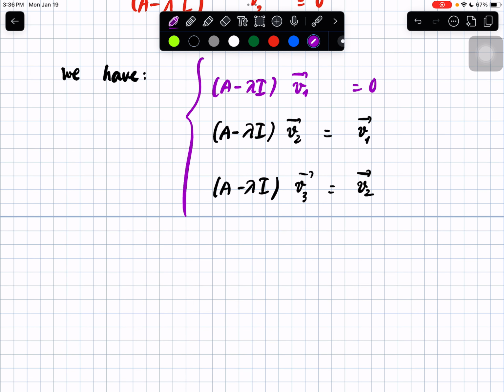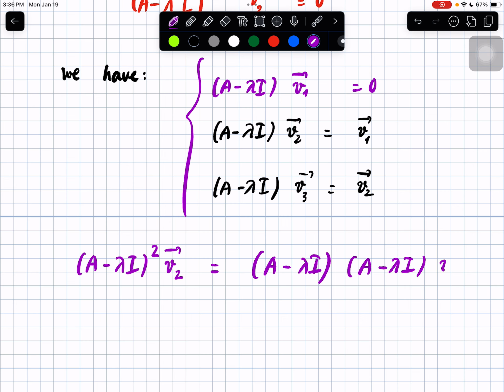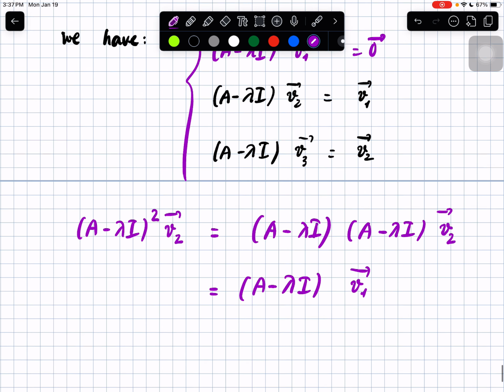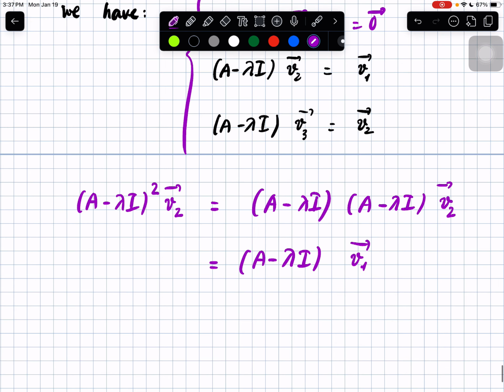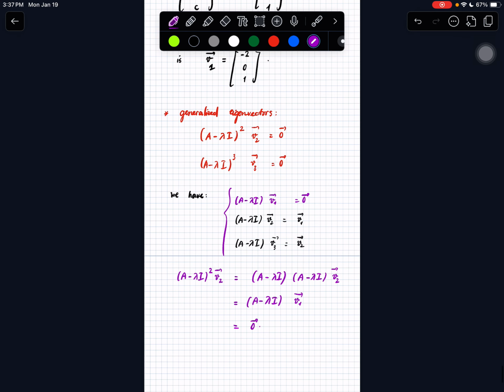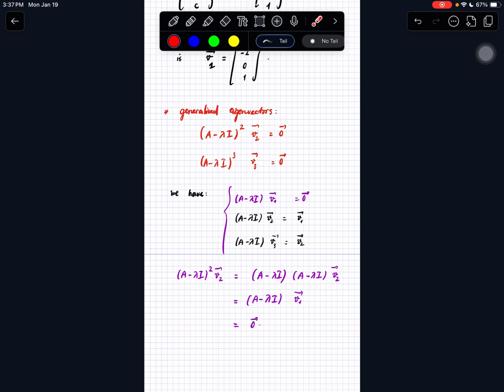So A minus lambda I squared times v2 is A minus lambda I times A minus lambda I times v2, but A minus lambda I times v2 equals v1. But A minus lambda I times v1 is 0 because v1 is an eigenvector, so this one is 0. That explains the first equation.